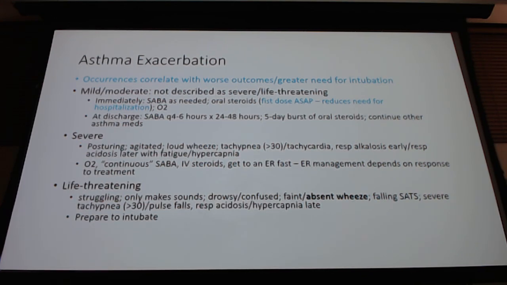Control and severity are things like how often you use your SABA, how often it's waking you up at night. When we talk about risk, the more frequent your asthma exacerbations, the higher your risk is for an exacerbation, and correlating that with needing steroids.